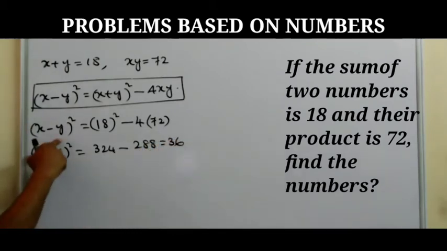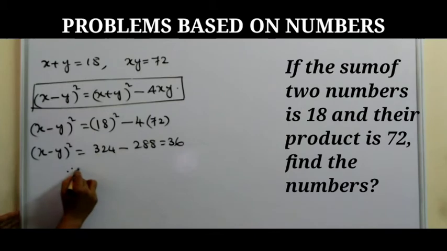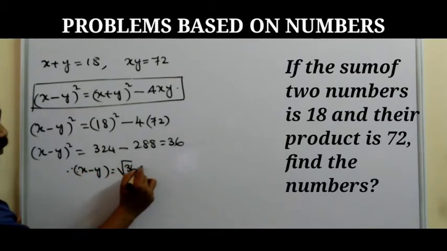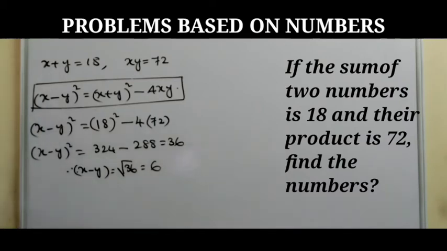Therefore, x minus y will be equal to root 36, which is equal to 6. Now we have x plus y and we have x minus y, so we can easily find out: x plus y is equal to 18 and x minus y is equal to 6.